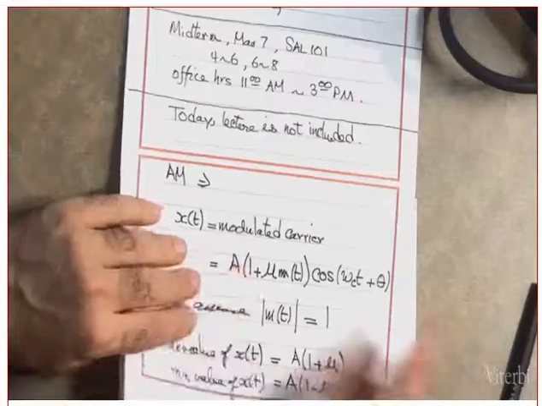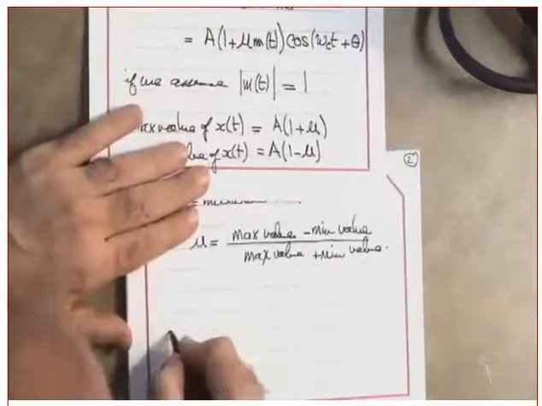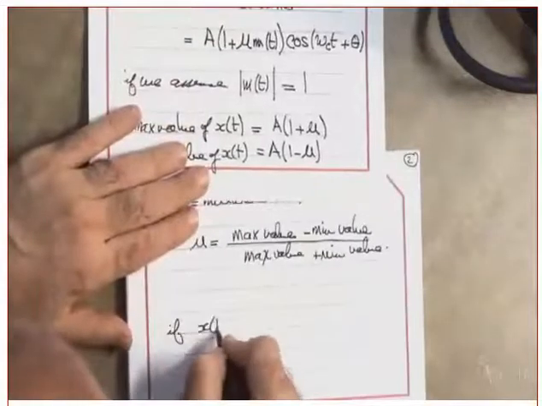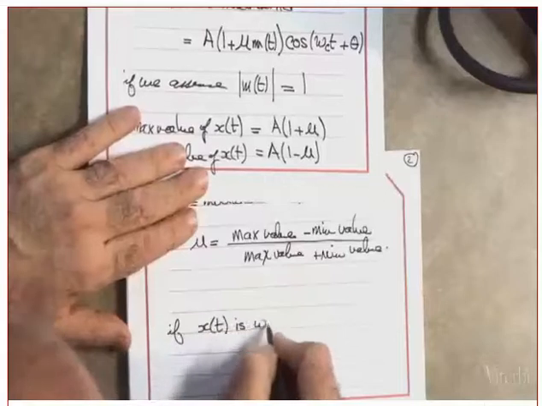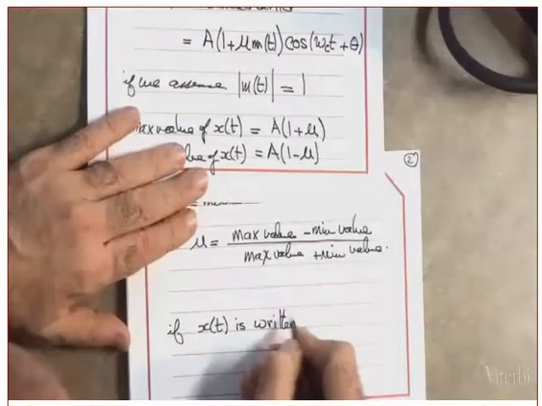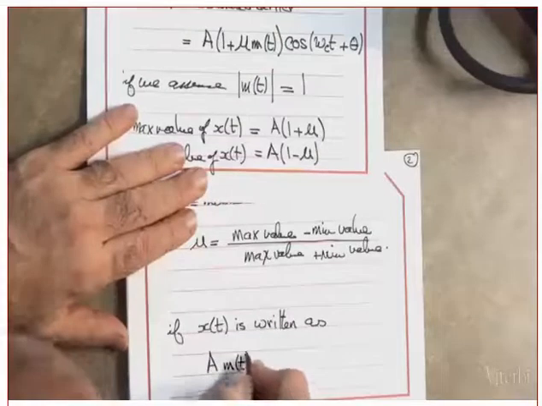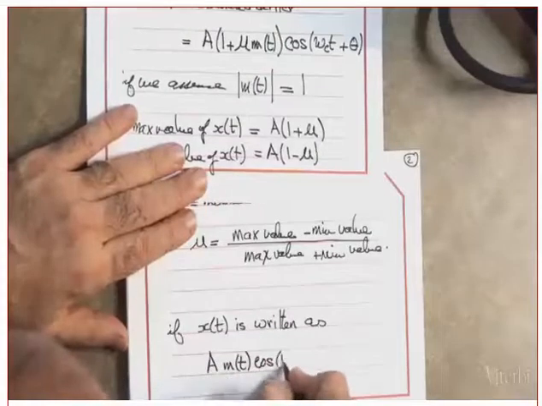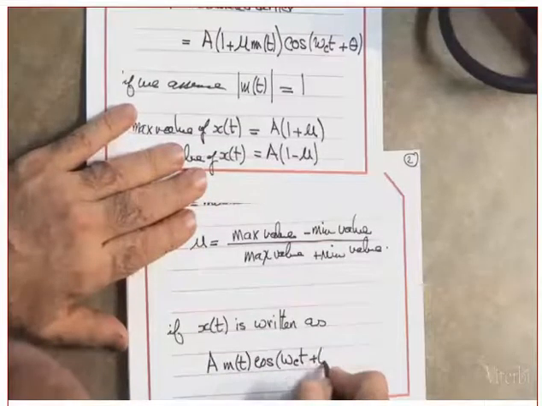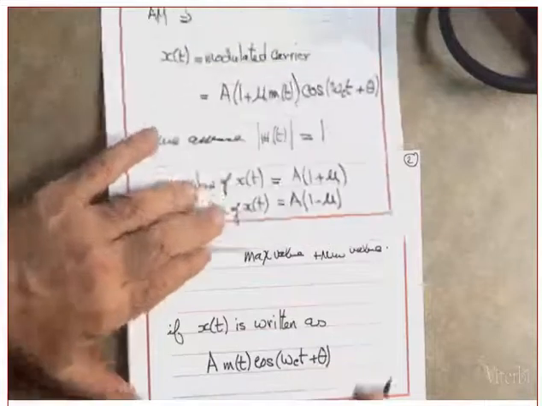Now, if I remove this one, in other words, if x of t is written as A m of t cosine omega c t plus theta, what did I assume here?